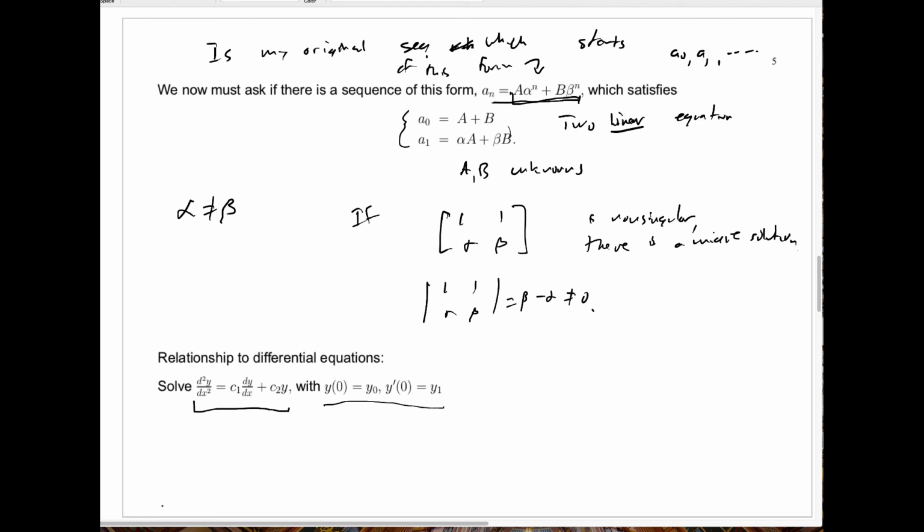Well, in a manner that's very much analogous to what we just did, you can guess solutions to this differential equation. Ignore the initial values for right now. The solutions you might guess would be y equals e to the rx. And you would ask the question, for which r does this work?